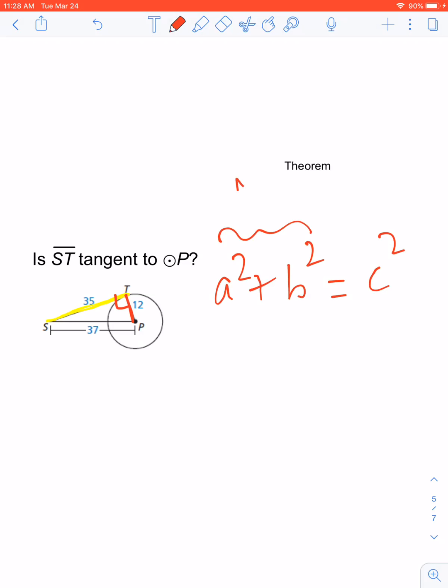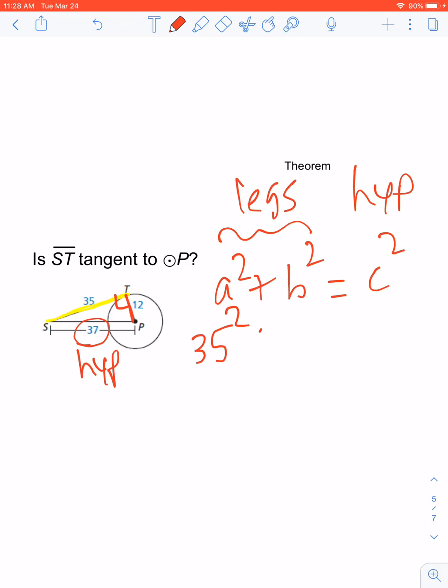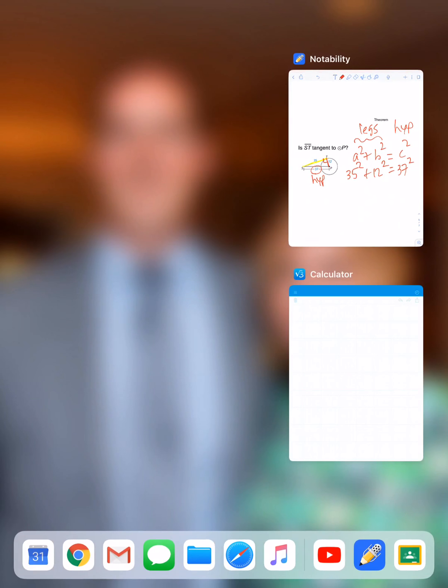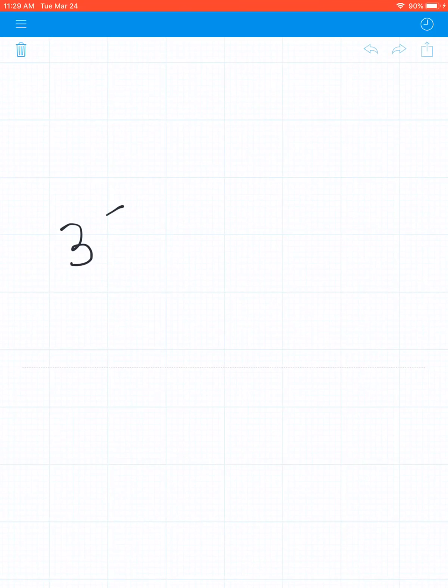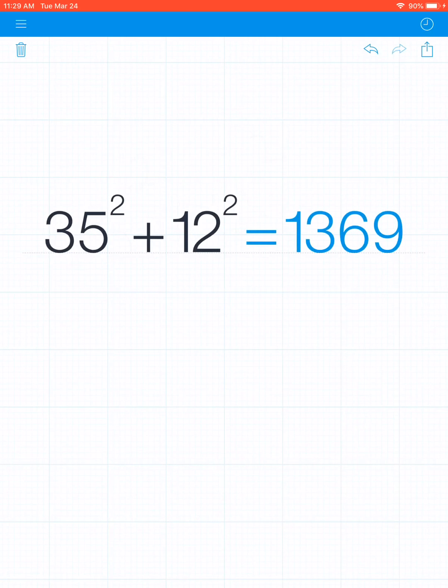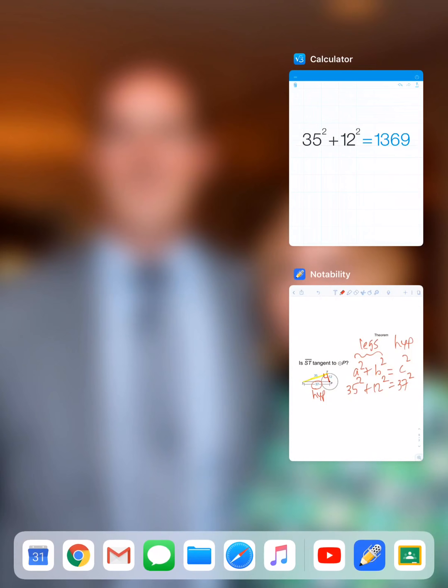Remember that these are the legs and that C is your hypotenuse. So in this problem, 37 is the hypotenuse. It doesn't make a difference where you put 35 or 12. So I have 35 squared plus 12 squared equals 37 squared. Use your calculator. 35 squared plus 12 squared is 1369.